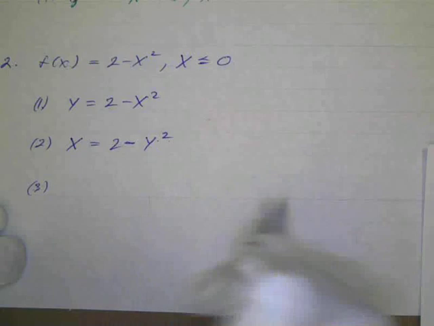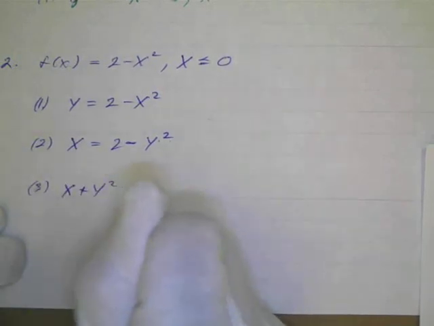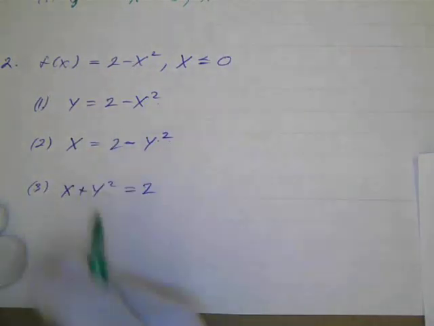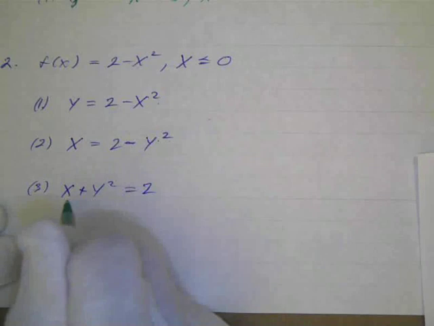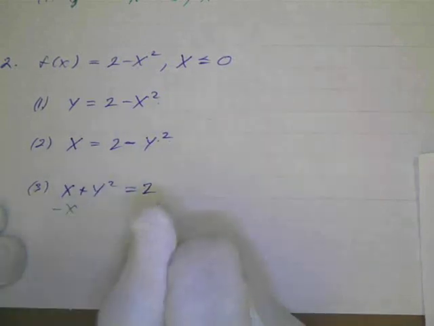Or I can just add y squared to both sides, so I'll get x plus y squared equals 2. Then I can subtract x from both sides. This is solving for y, so I did one step over here. So I add y squared to both sides, and I'll subtract x from both sides.